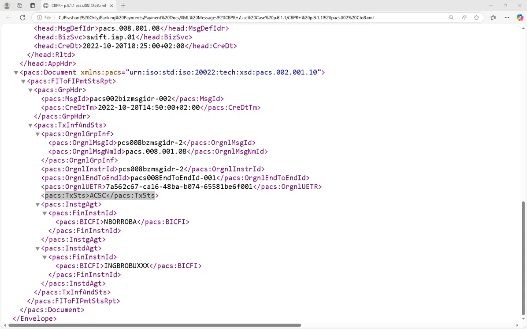But before that, I want to show you transaction status, original UETR. Yeah, okay, this is transaction status. Specify the status of the transaction as.